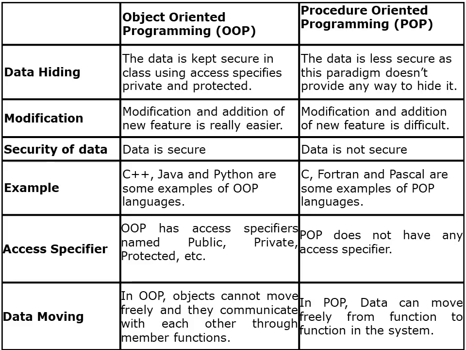Whereas in procedure-oriented programming, there are no such access specifiers. Eleventh, data moving. In object-oriented programming, data cannot move freely in the system. In procedure-oriented programming, data flows freely around the system from one function to another function.